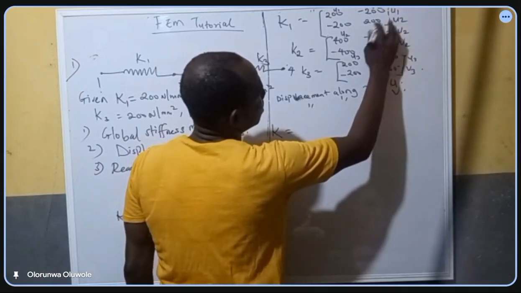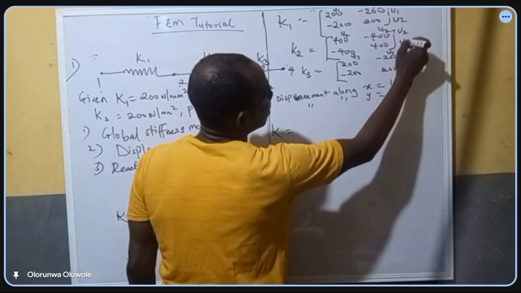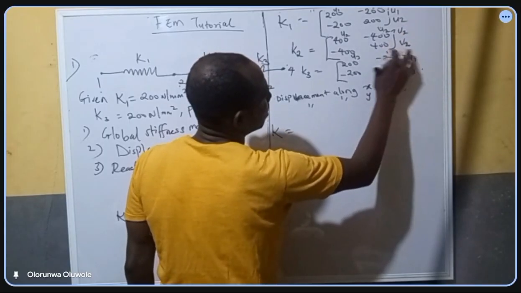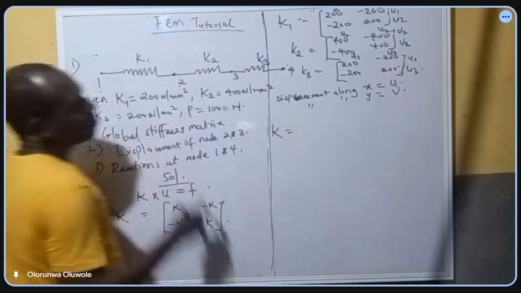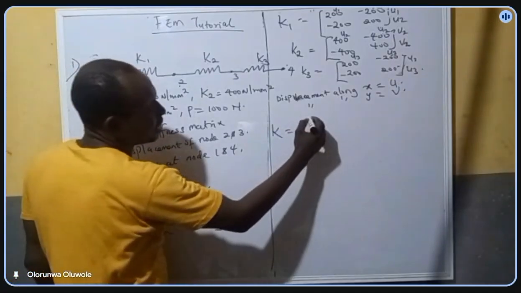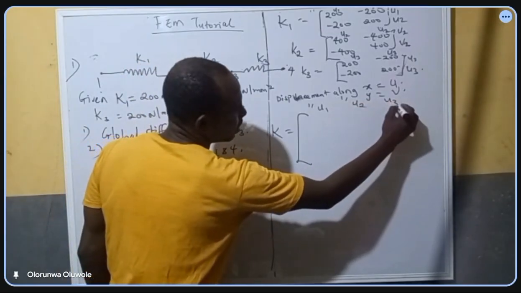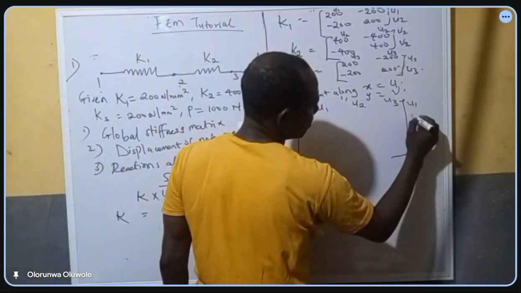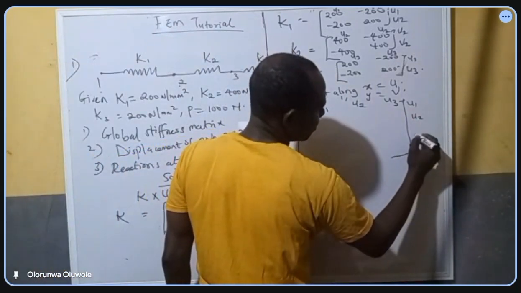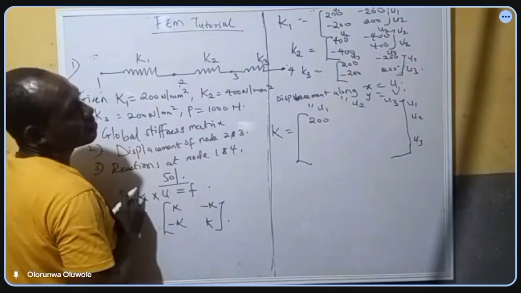U2, then now combining them together, you have U1, U1 that was 200.